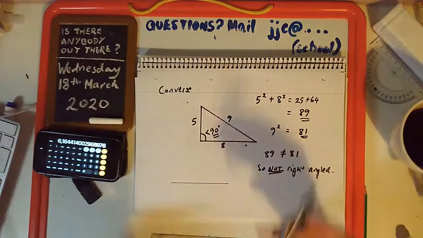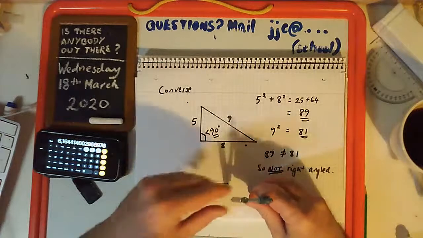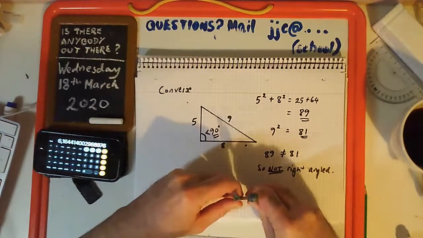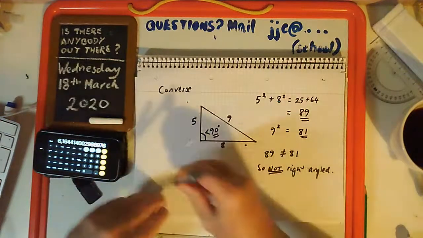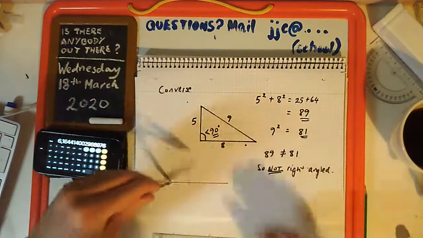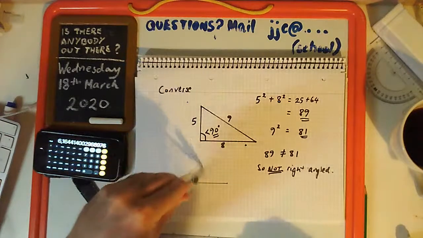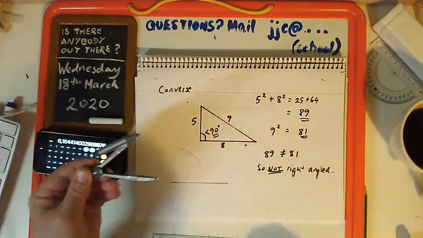And then let's get the compass at 5 centimeters. 1, 2, 3, 4, 5 centimeters. So 5 centimeters from that end is anywhere on that arc, because I've set this to 5 centimeters.